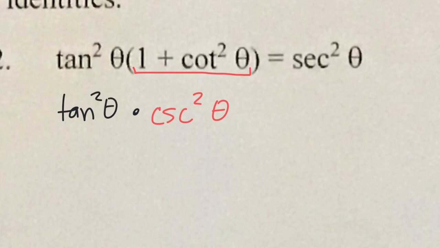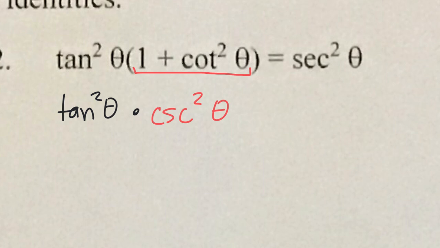So in this way, I'm replacing the whole 1 plus cotangent squared, because notice in our answer, we don't want to have a plus or a minus. There's no addition or subtraction over here. So we have to find a way to get rid of the addition problem. And this whole entire thing, 1 plus cotangent squared, is identical to cosecant squared.